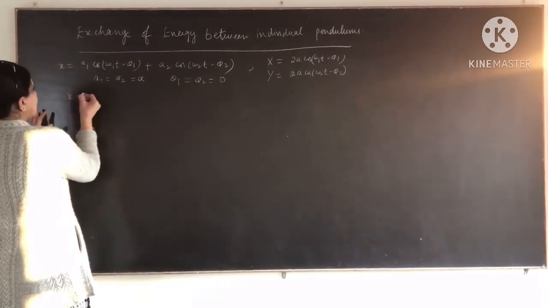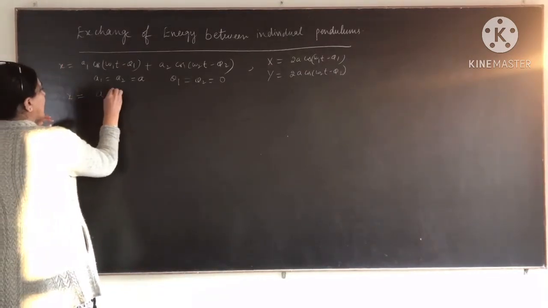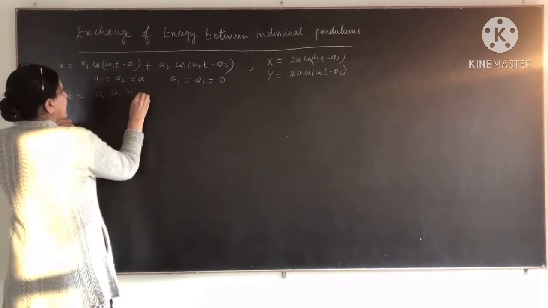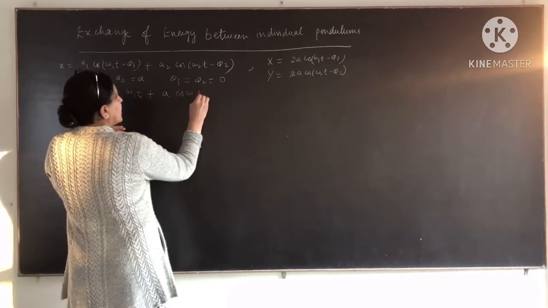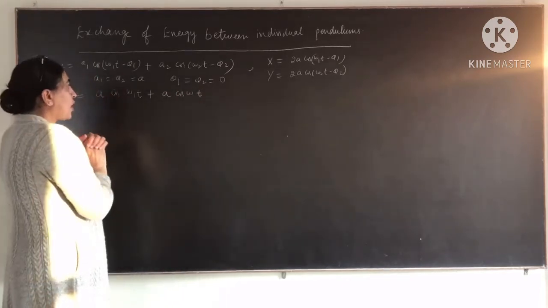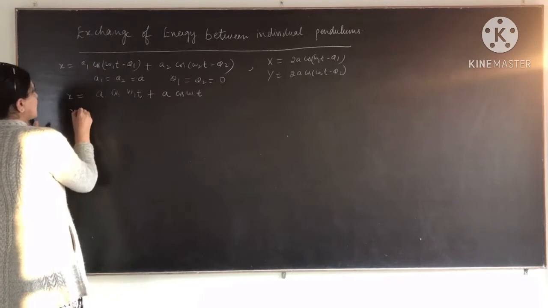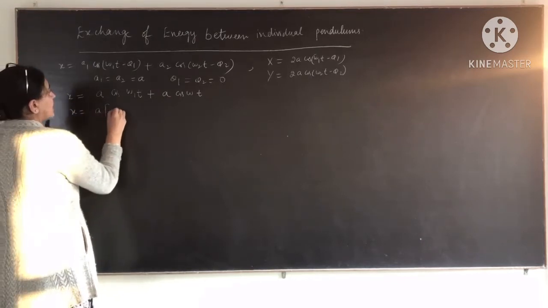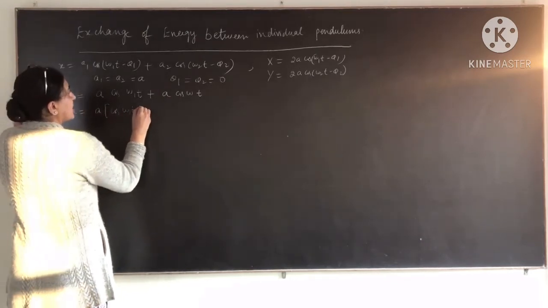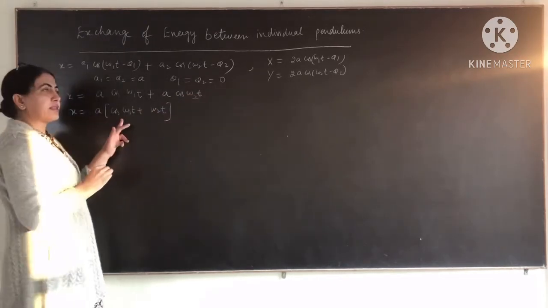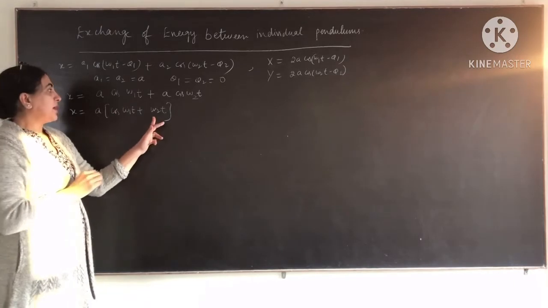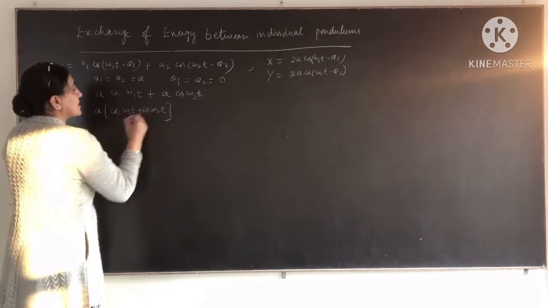Using this, x becomes x = a cos(omega 1 t) + a cos(omega 2 t). Or, taking a common, x = a [cos(omega 1 t) + cos(omega 2 t)]. So this is cos C plus cos D.